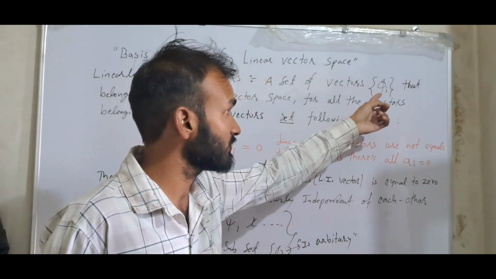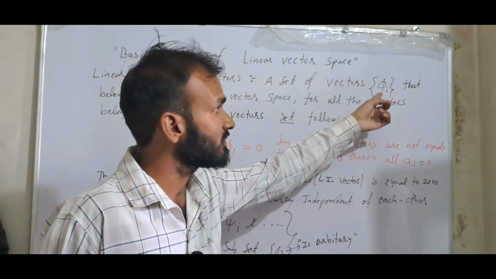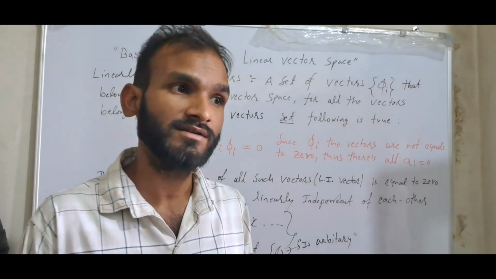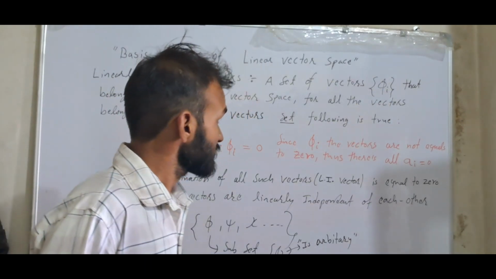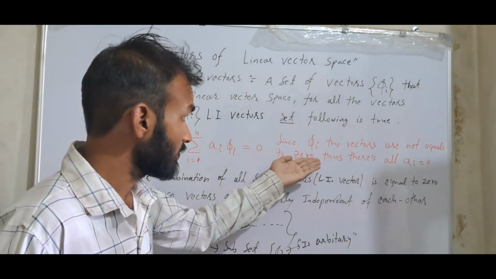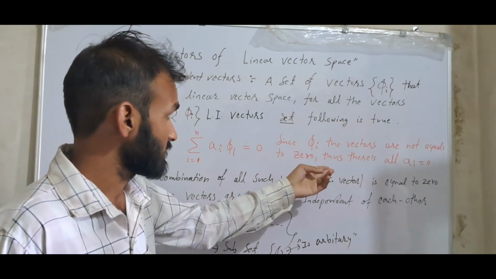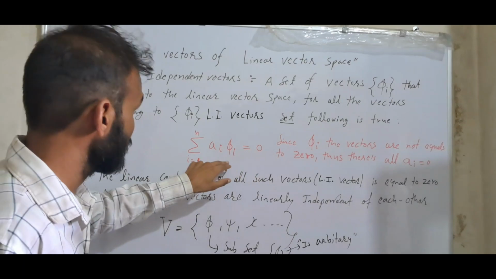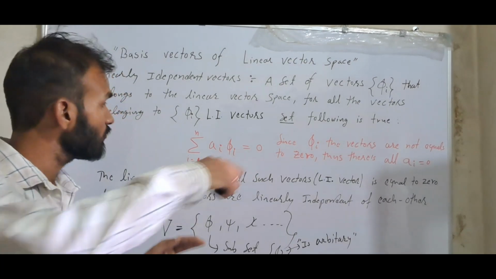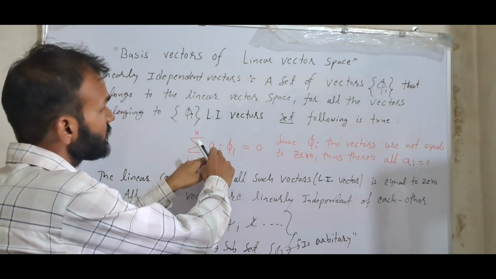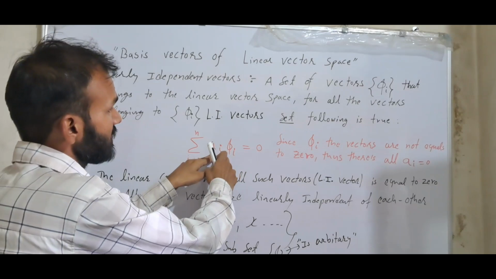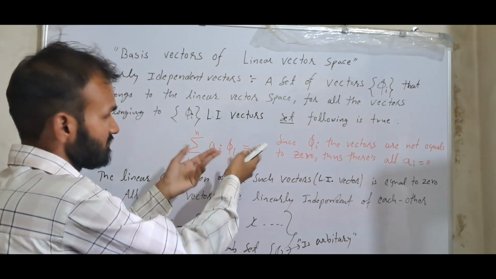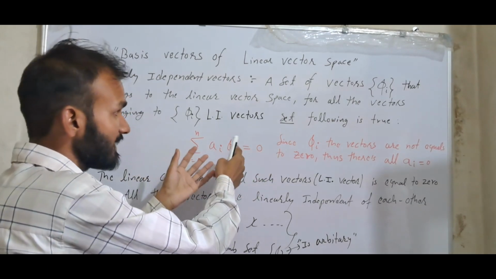Every vector belonging to this subset is not a null vector. So for this condition to be true, we have to put every a_i, obviously, that forms this linear combination.